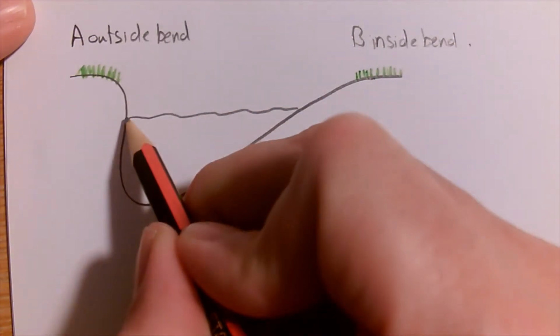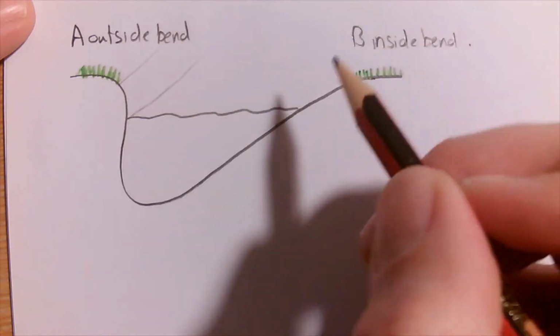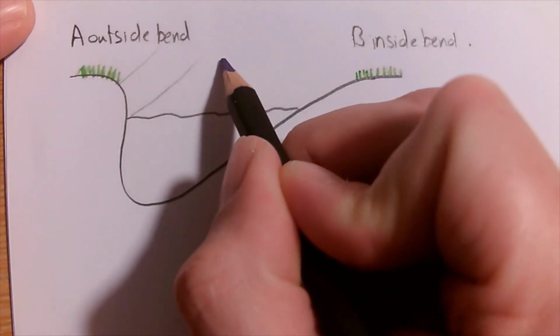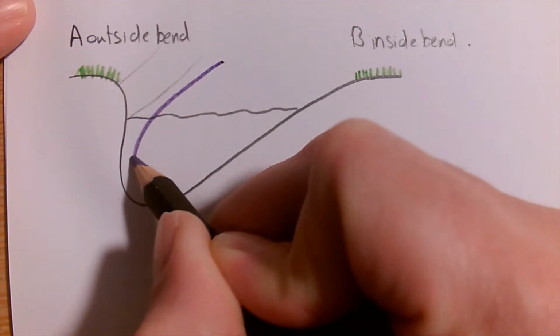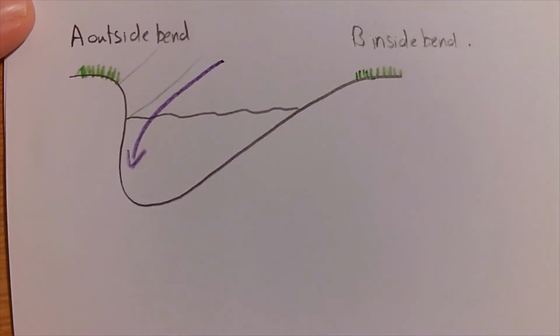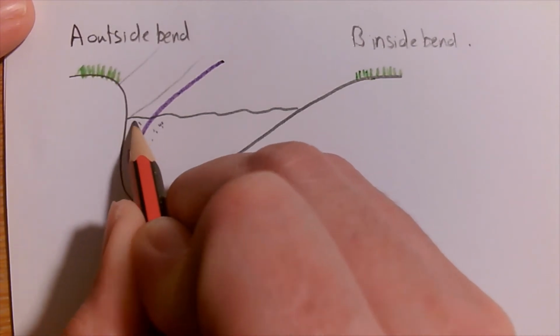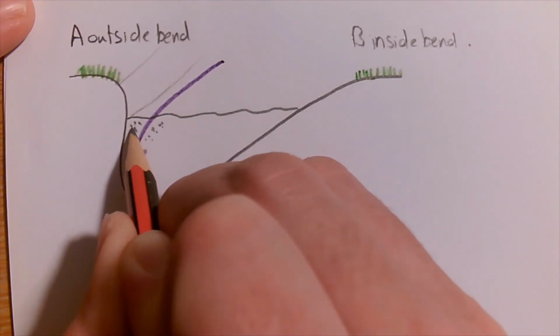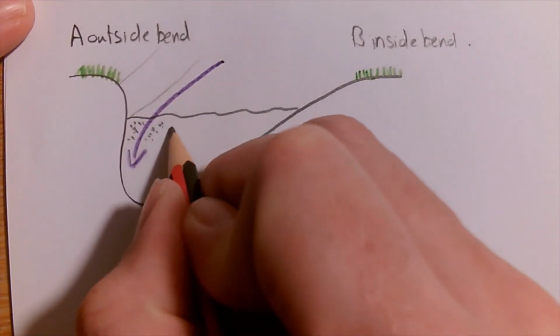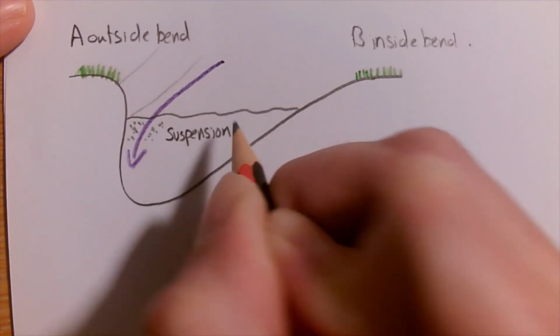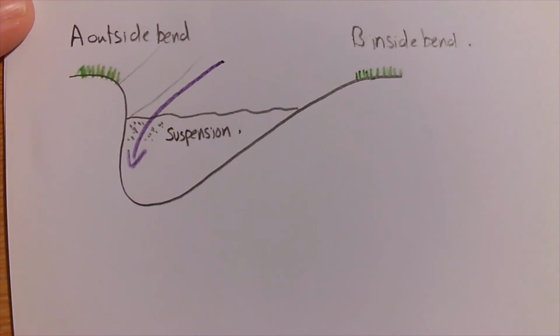And we'll also put a little bit of vegetation up on the banks, some grass, and over here as well. Now we know that our fastest flow, our thalweg, is coming down the outside of the meander with high energy. In that fast flow, there will be material being carried or transported in suspension, fine silts and sands.